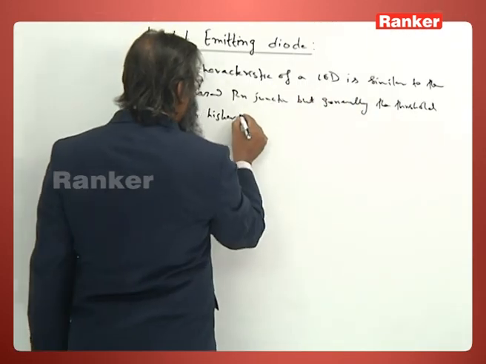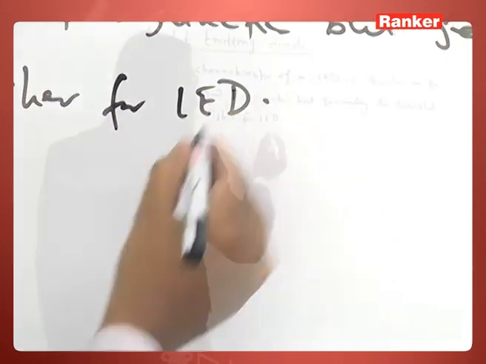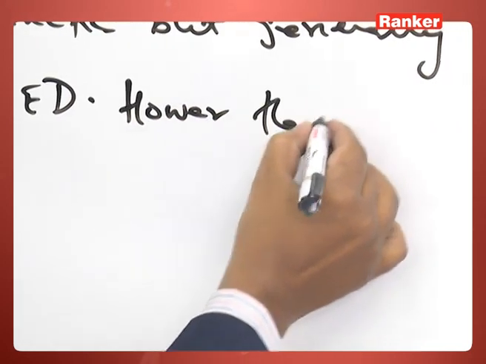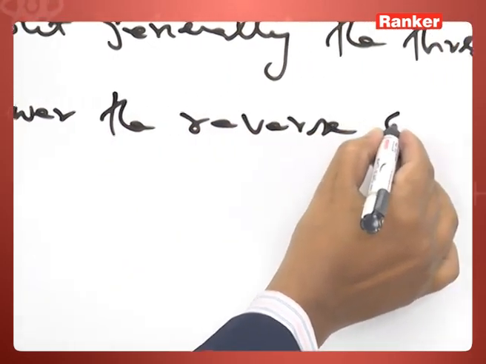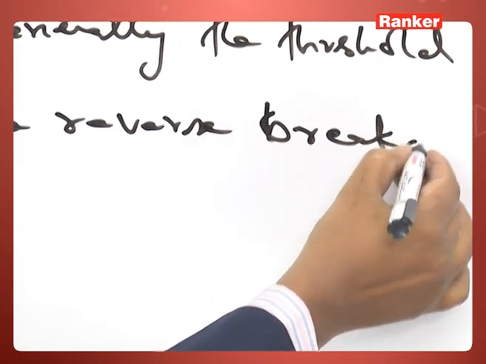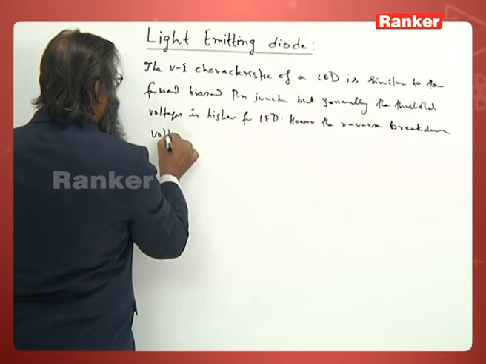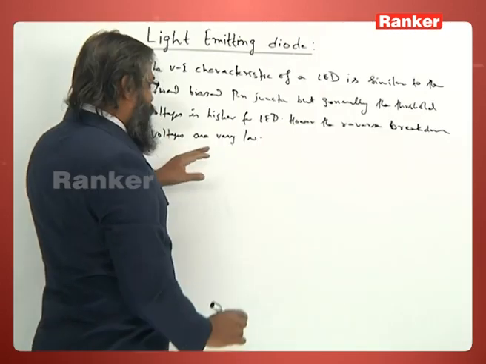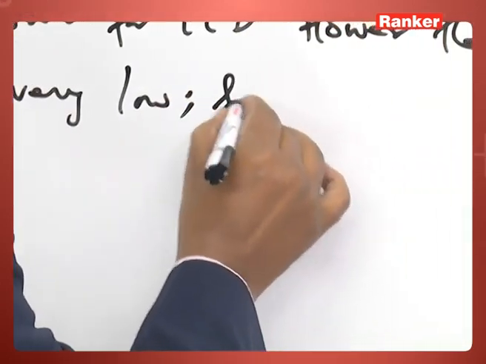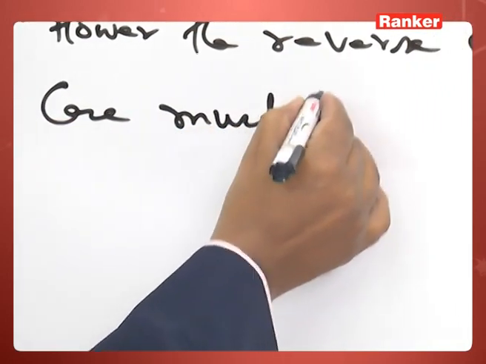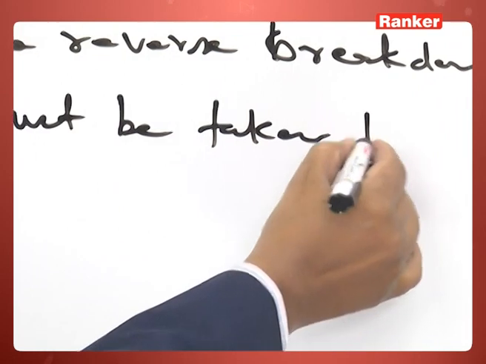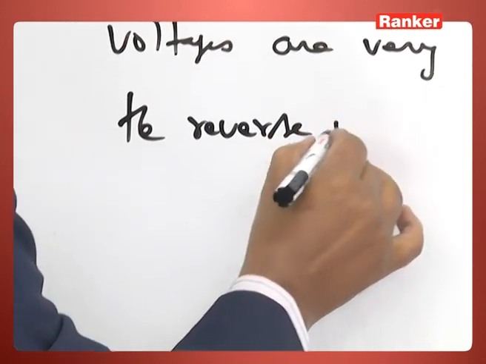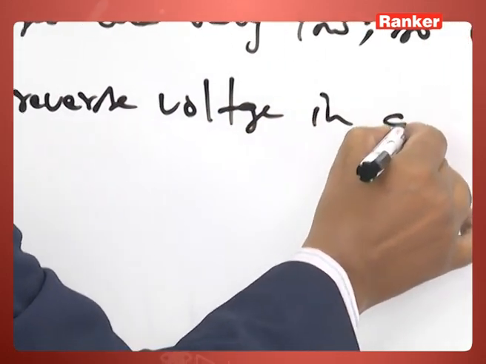Threshold voltage is higher for an LED compared to the normal PN junction diode. However, the reverse breakdown voltages are very low, they are very low. So, care must be taken to limit the reverse voltage in an LED.